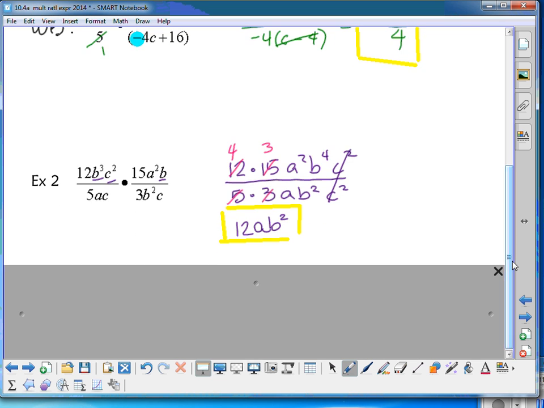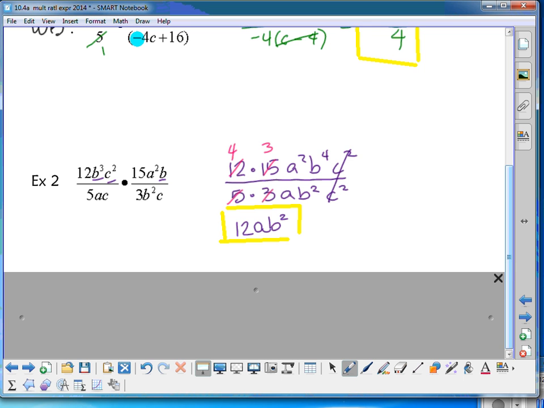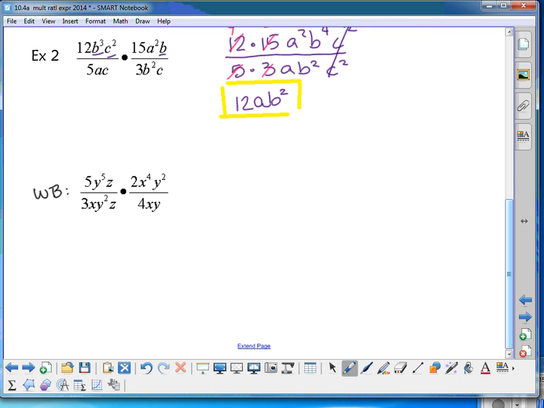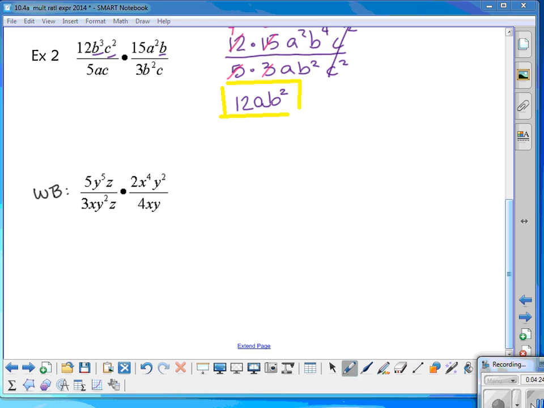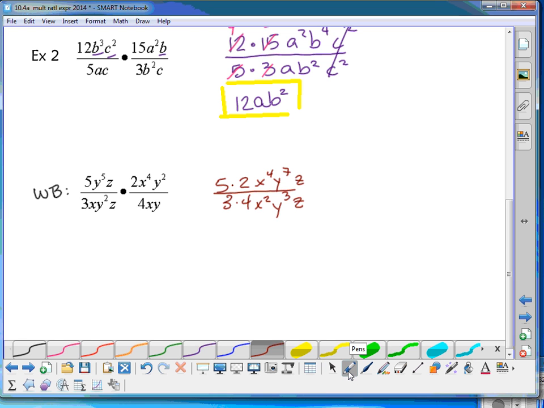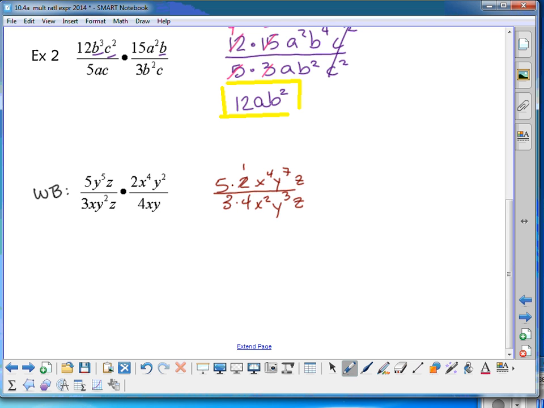All right. So here's one for you guys to do on your whiteboards. Y to the 4th. Okay, so 2 goes into itself once, and into 4 2 times.